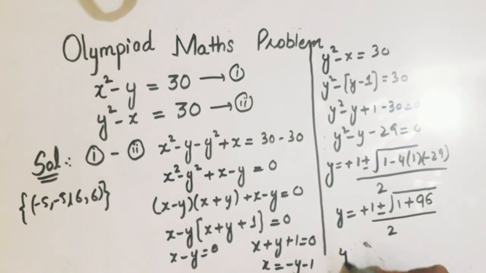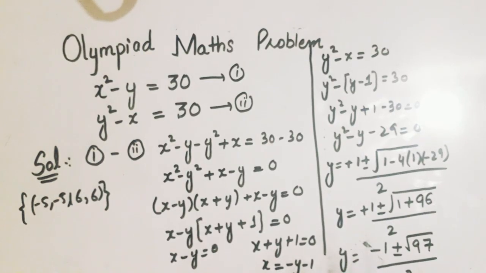So y equals minus 1 plus minus root 117 divided by 2. This is the value of y. Now what will be the value of x?